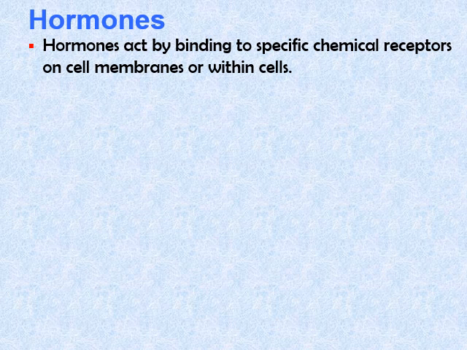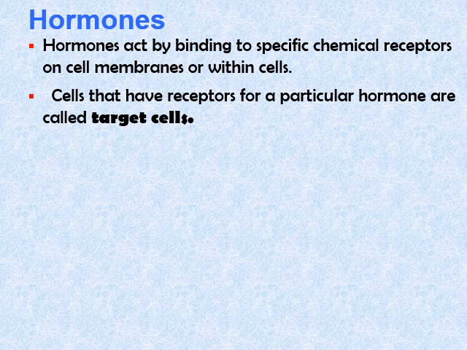Now, let's see how hormones work in very general terms. Hormones act by binding to specific chemical receptors on cell membranes or within cells. Cells that have receptors for a particular hormone are called target cells.